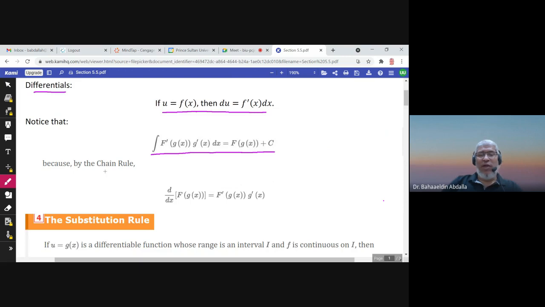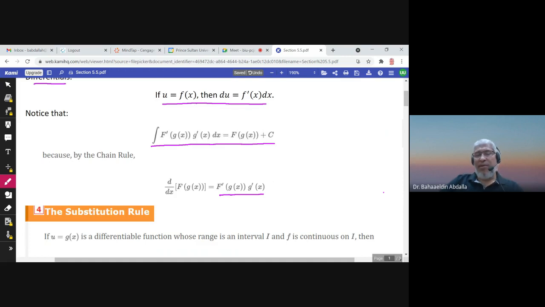Well, find the derivative of the right-hand side. Using the chain rule, the derivative would be the derivative of the outer function, capital F prime of g of x, times the derivative of the inside function, so times g prime of x. And this is exactly what we have inside the integral. So this is correct.